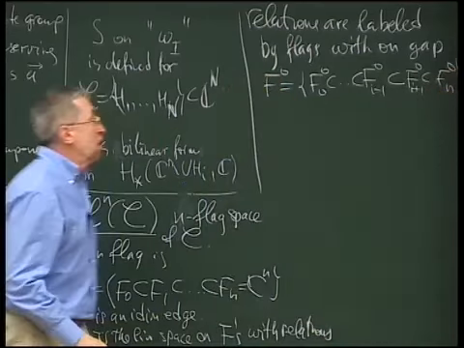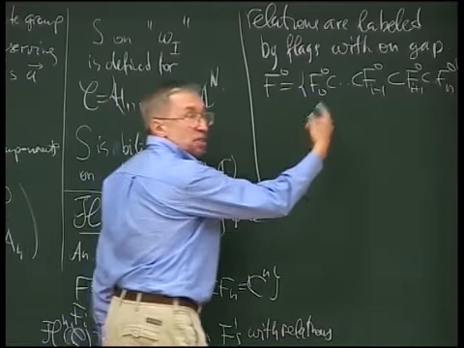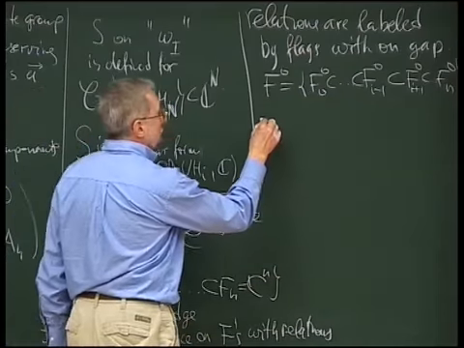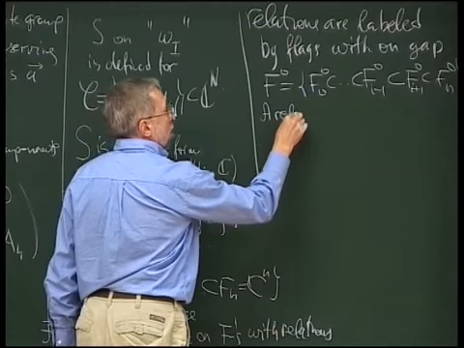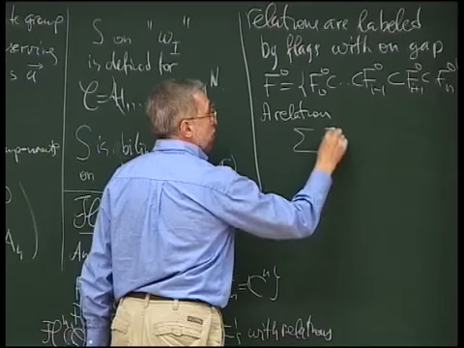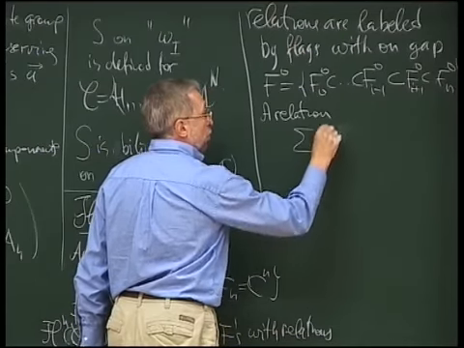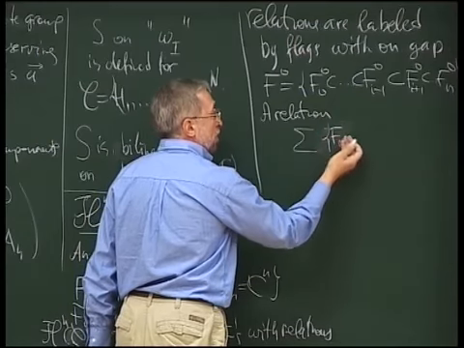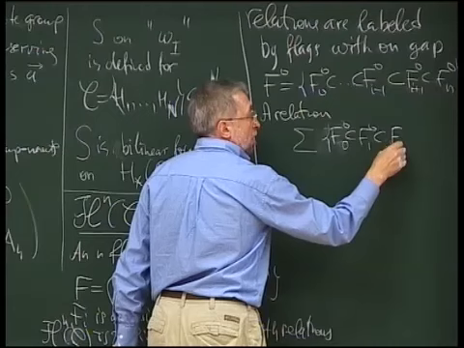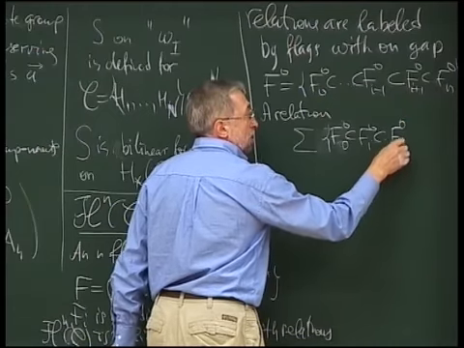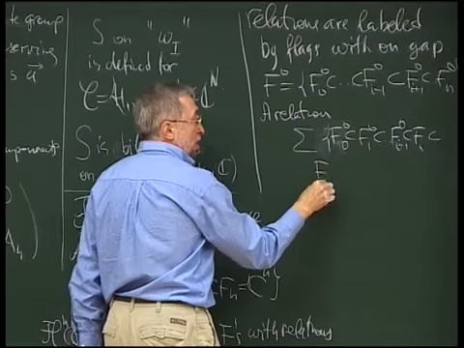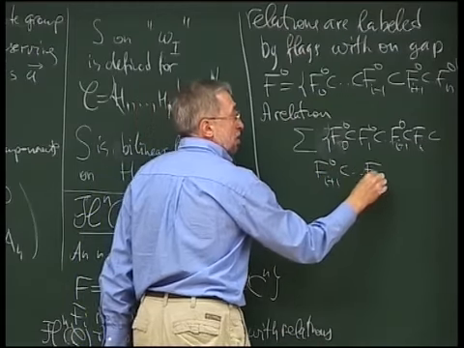So it's an increasing sequence of subspaces, but you don't have one of them. Then a relation in that space of linear combinations is the sum over all flags of the following form: F0, ..., F(i-1), then Fi you choose arbitrarily, then F(i+1), and then Fn.